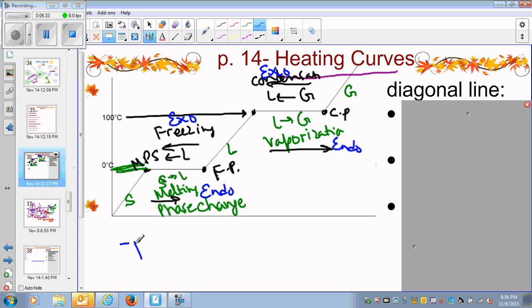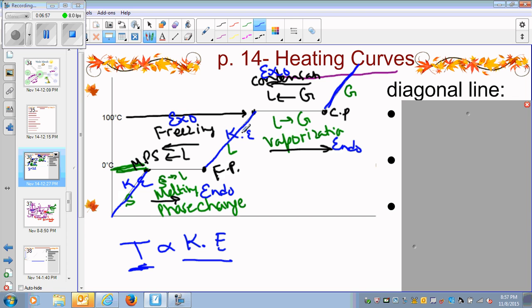As you increase the temperature, kinetic energy increases. So where on the graph is the kinetic energy increasing? Because kinetic energy is directly related to temperature. I see temperature is increasing here, here, and here. So these are the only stages where the kinetic energy is increasing.